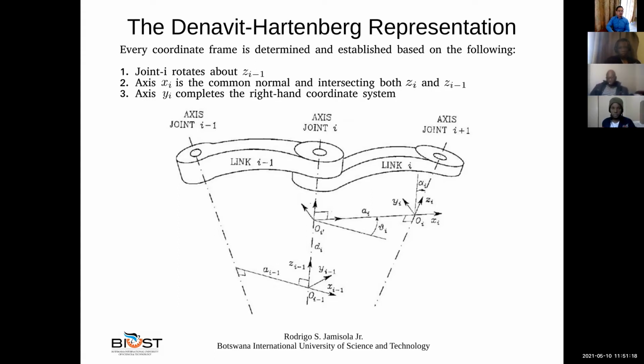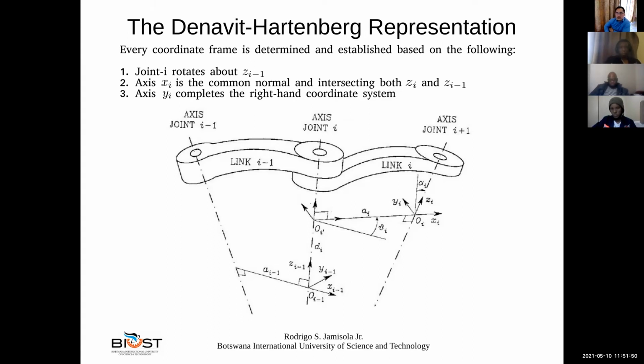That's all. So we need a convention to agree that once we follow it, we know exactly the relationship between the 2 frames. If we follow the Denavit-Hartenberg convention, we know exactly how the frames are oriented, and we know exactly how the transformation is done from one frame with respect to the other.